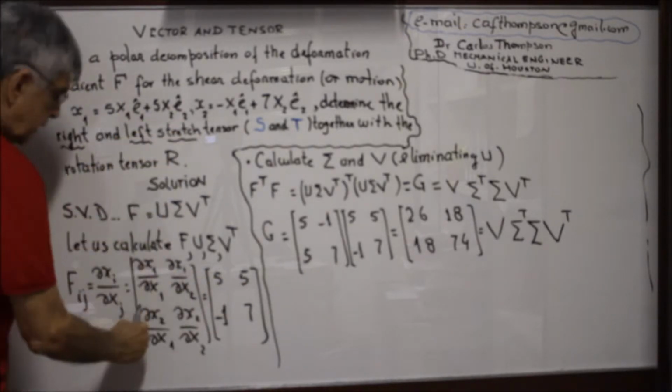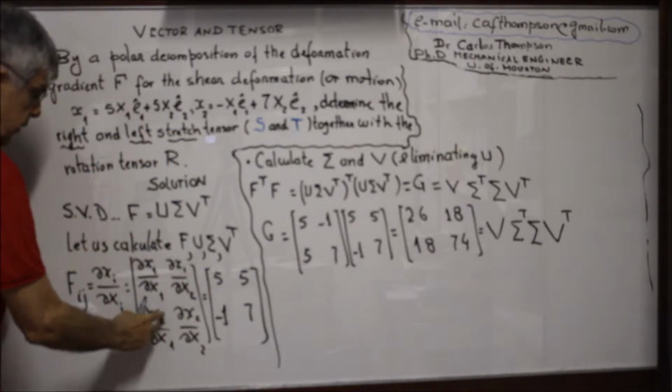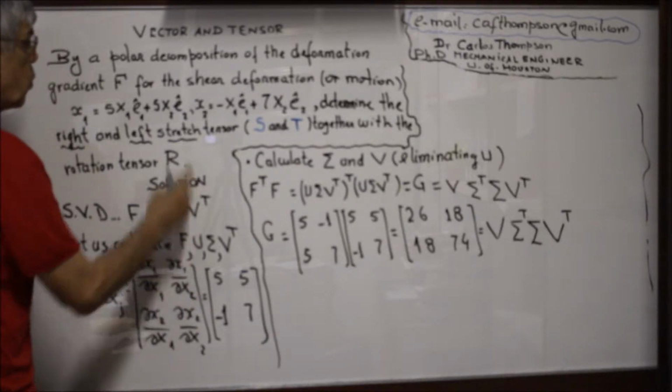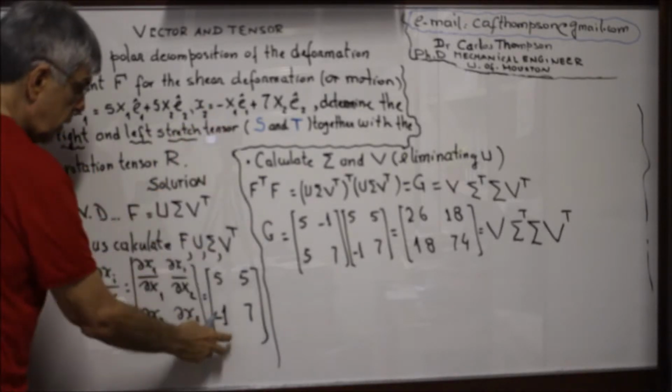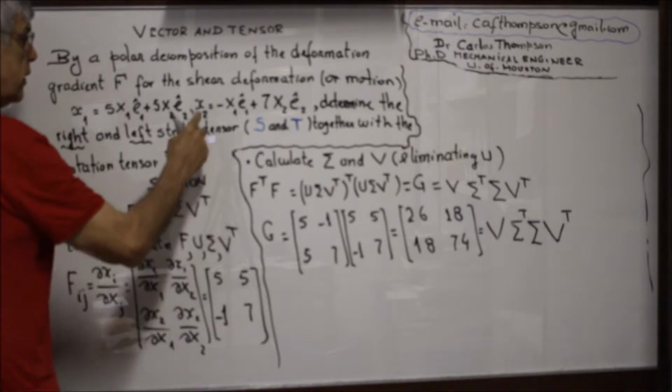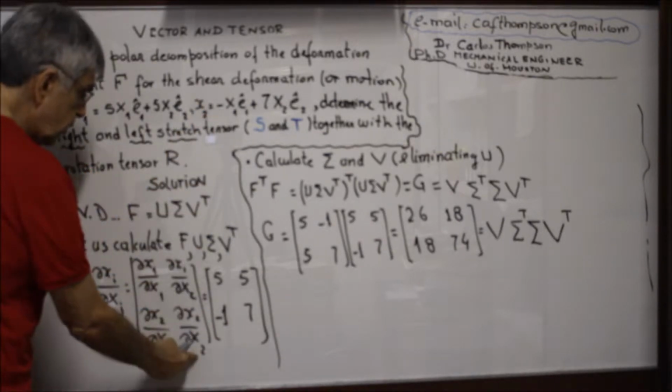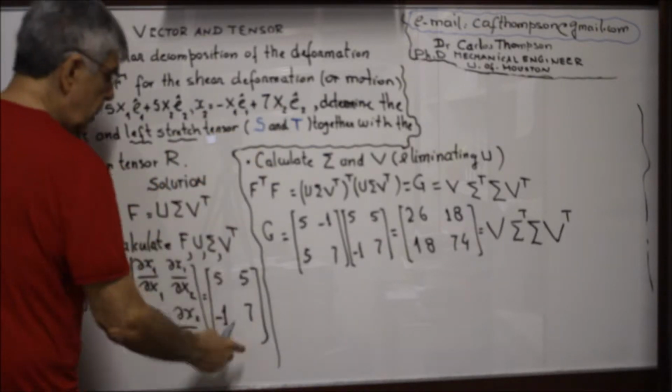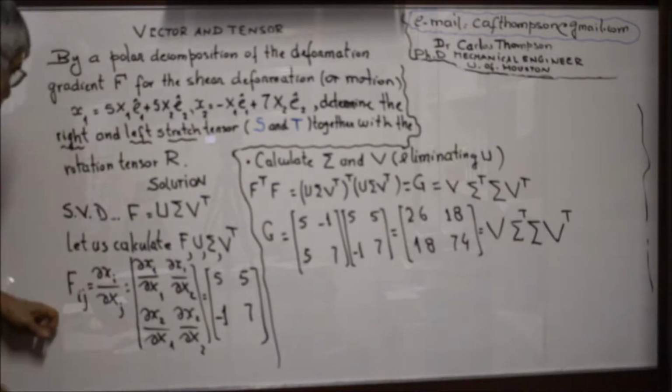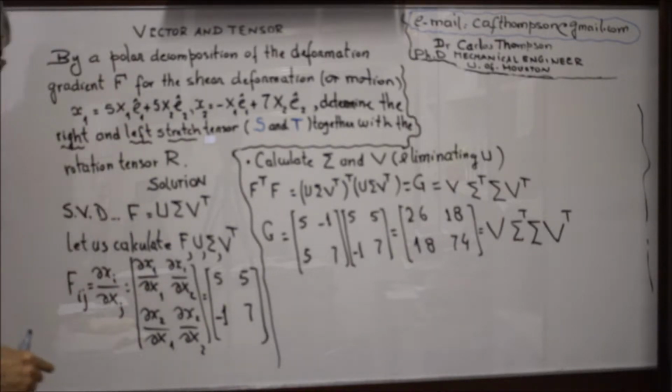In the second row, the partial derivative of x2 with respect to X1 is minus 1, and the partial derivative of x2 with respect to capital X2 is 7. Now, we obtained the matrix F, the deformation gradient. This is a second order tensor, F_ij.